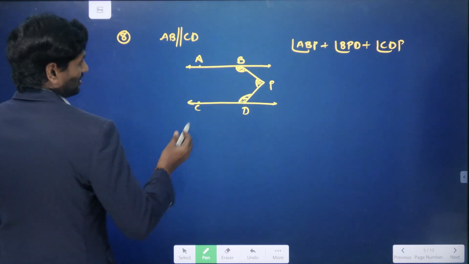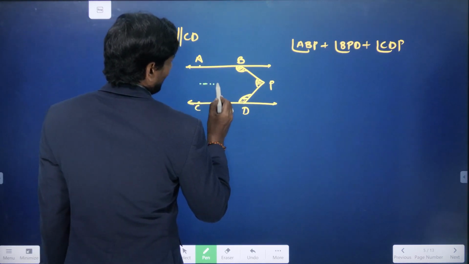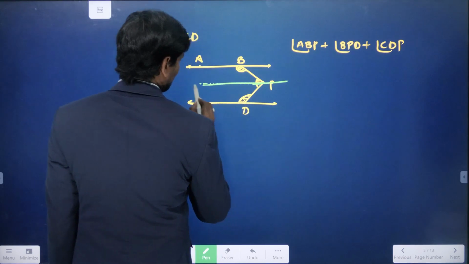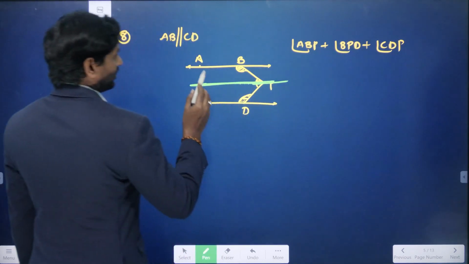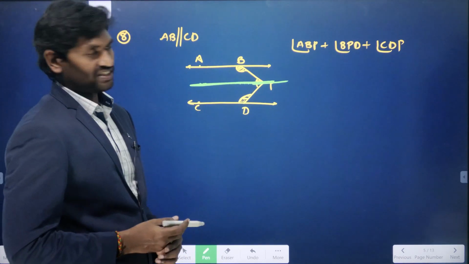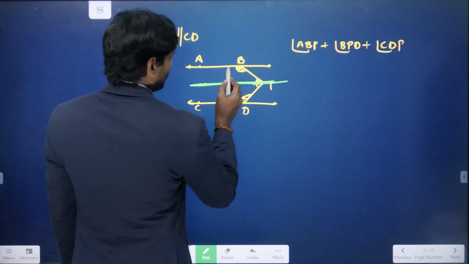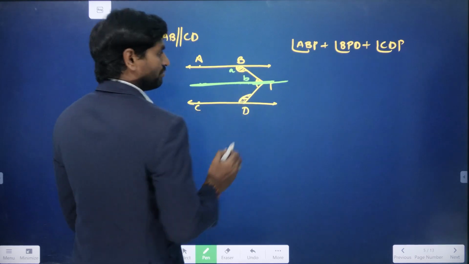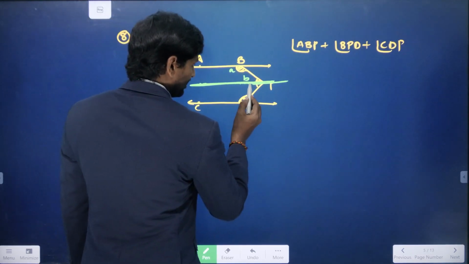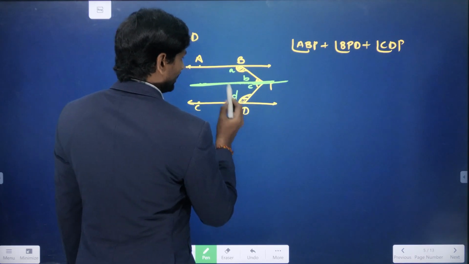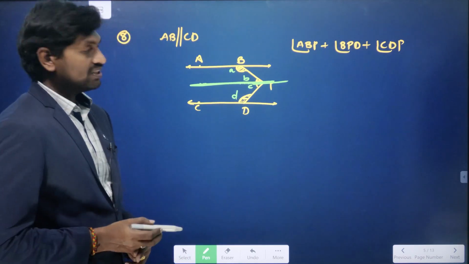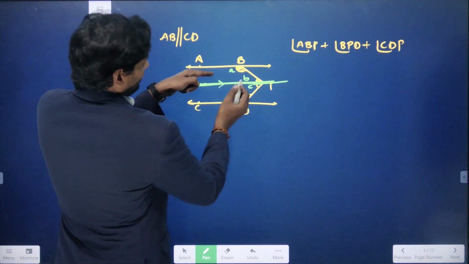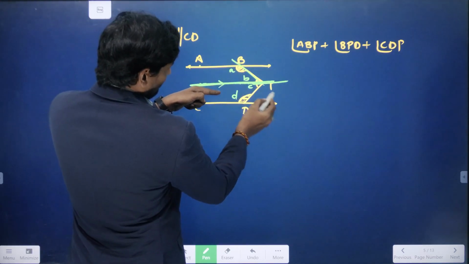I am drawing a parallel line through P to the AB and CD lines. Now this angle I am taking as A, this angle as B, this one C and this one D.